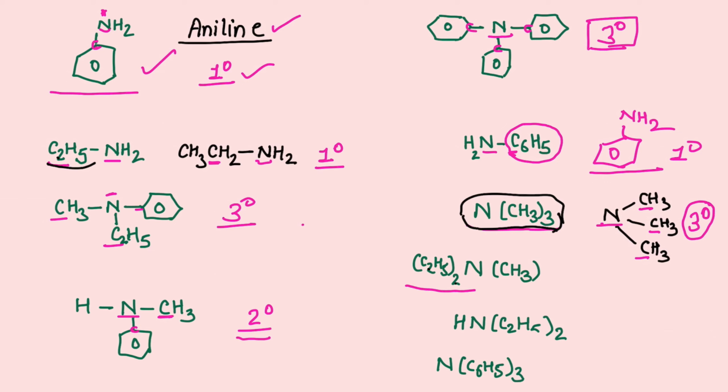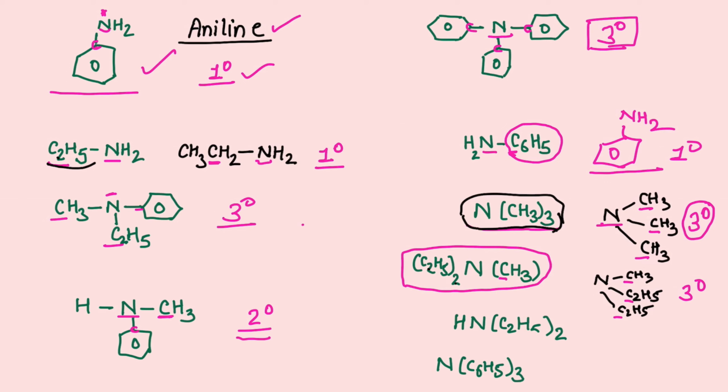Another case is this. In this, nitrogen is attached to how many carbons? 1 is the methyl. You can easily write it in the elaborated form. Nitrogen is attached to 1 methyl CH3 and 2 C2H5. Now you can clearly see that nitrogen is attached to 1, 2, 3 carbons, so its degree would be 3 degree. Okay, and it would be a mixed amine.